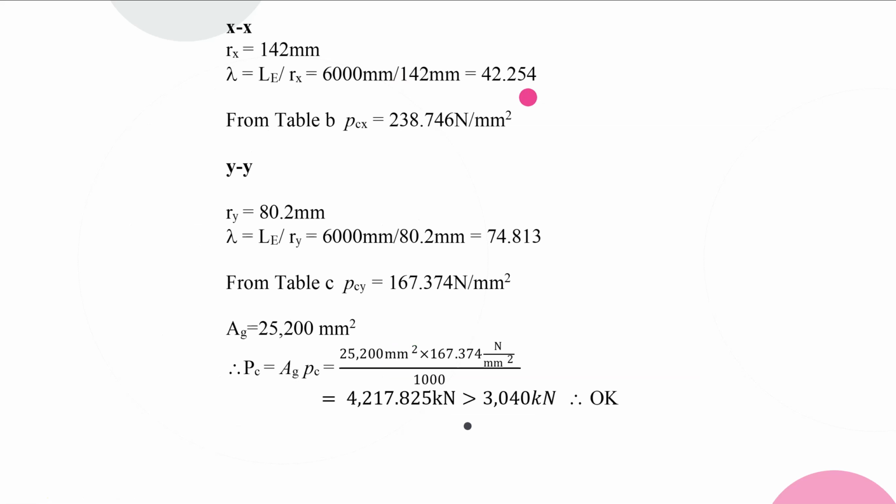So this is 14.2 cm converted to meters and 8.02 cm converted to millimeters. As usual you divide to get the slenderness ratio: the effective length divided by the radius of gyration. Do it for both YY and XX.